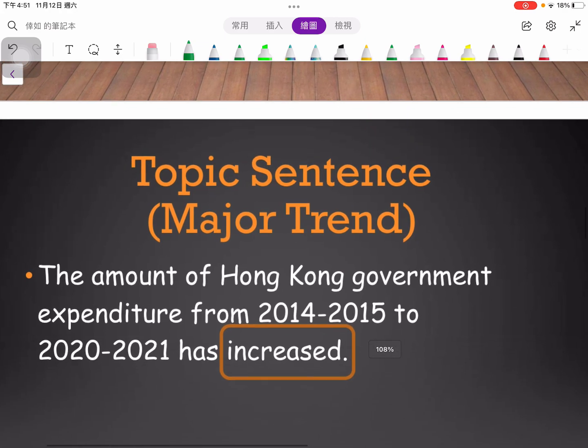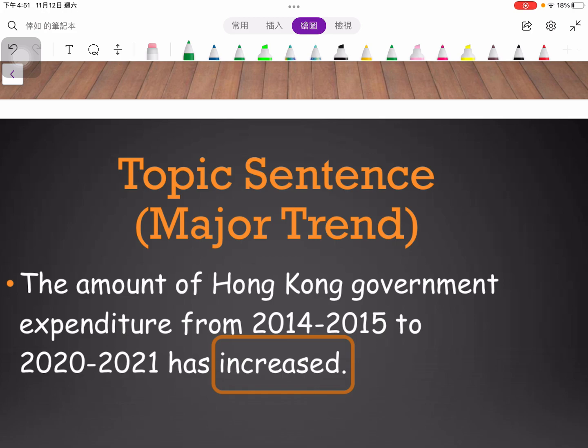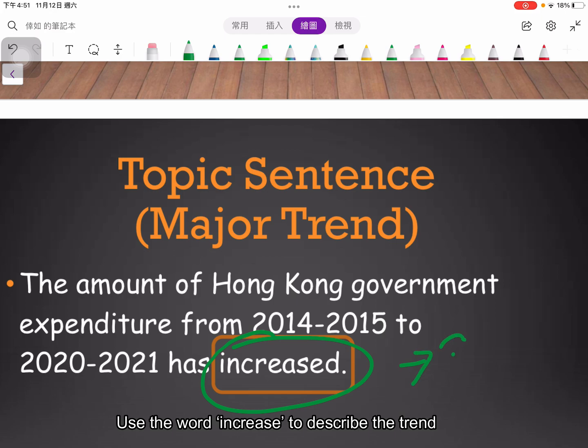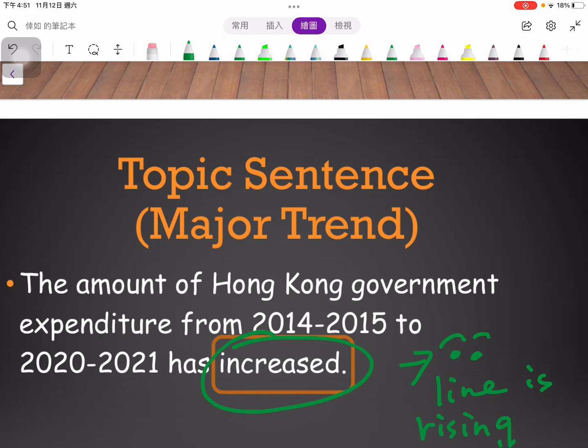So when you read all the numbers and the shape of the graph, then we can write the topic sentence. As we have to answer the question back, that's why we have to use the amount of Hong Kong government expenditure. As we have to describe the trend, that's why we have to use the word increase. As we can find from the graph, the line is increasing, right? The line is rising, so we can use the word increase.